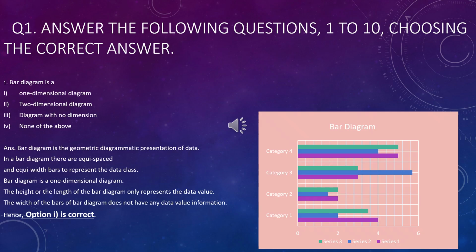Bar diagram is a one-dimensional diagram. The height or the length of the bar only represents the data value. The width of the bars does not have any data value information. Hence it is a one-dimensional diagram, and so option 1 is the correct answer.